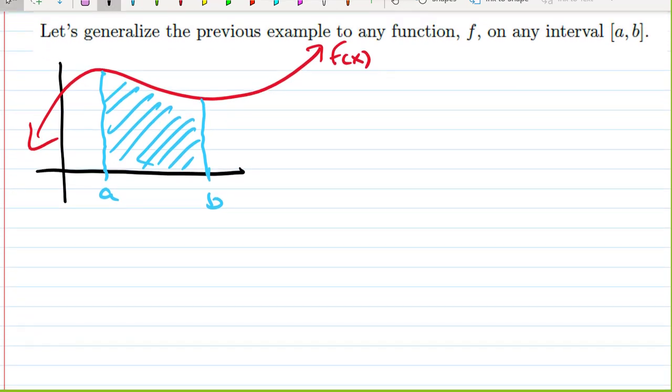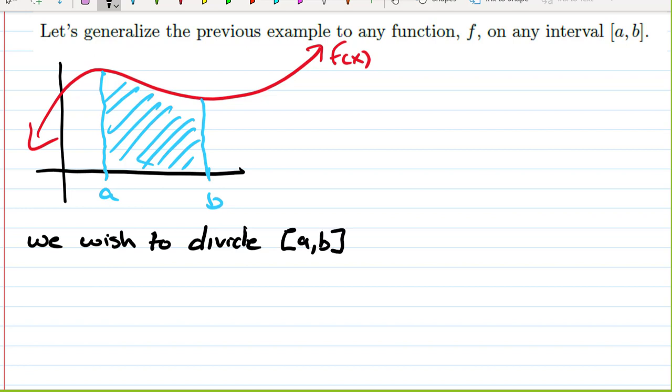So the first thing we wish to do is divide the interval AB into n equal parts.